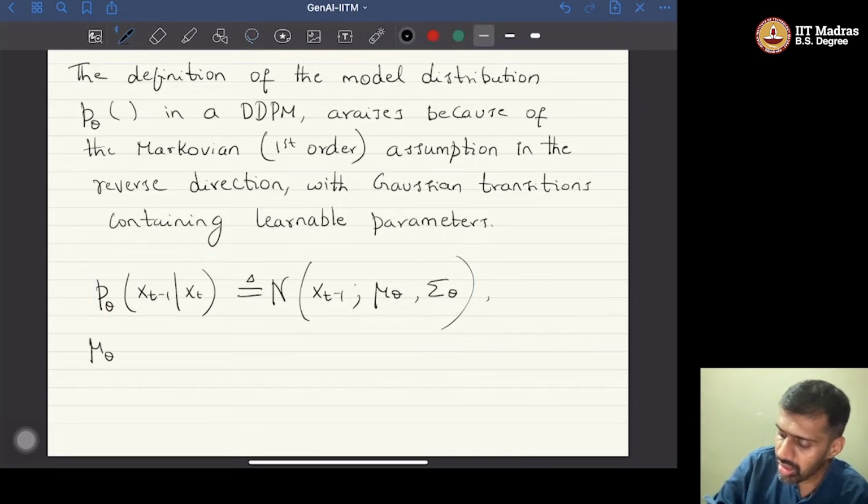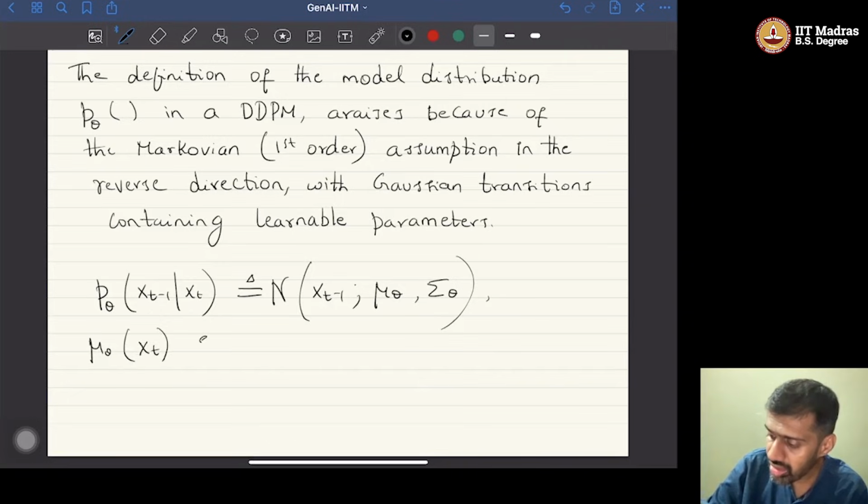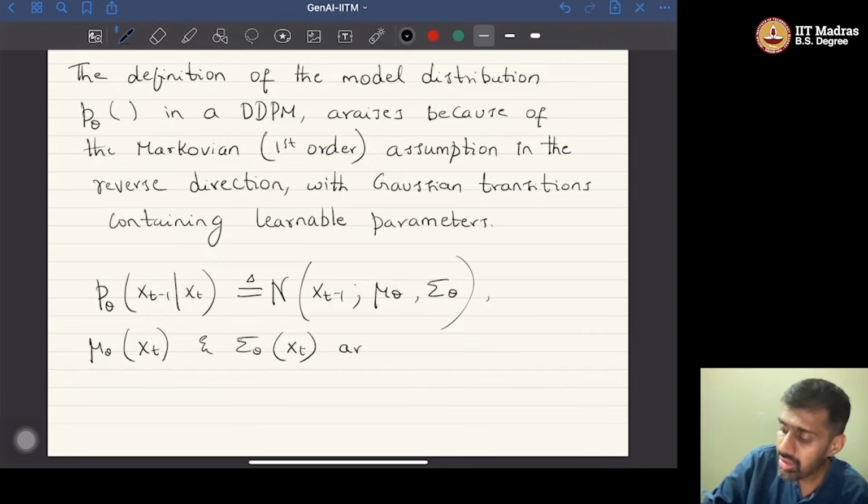Mu theta, and actually we have to make this a function of xt as well, because mu theta changes at every xt. Mu theta of xt and sigma theta of xt are learned via ELBO optimization. That's it.